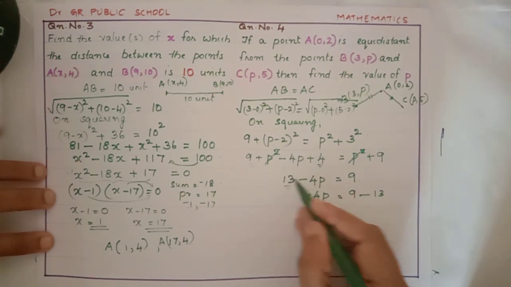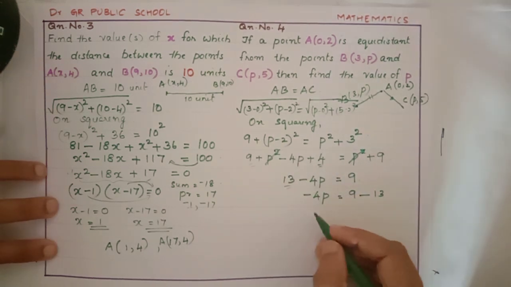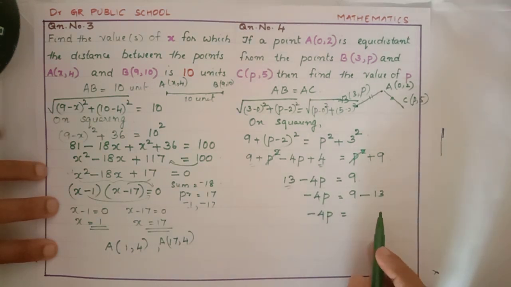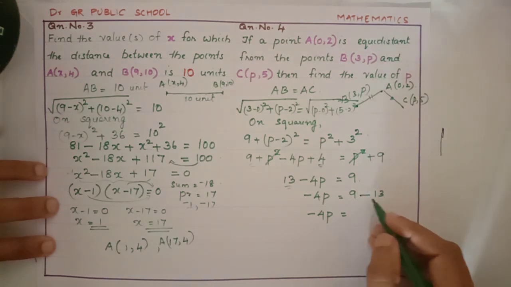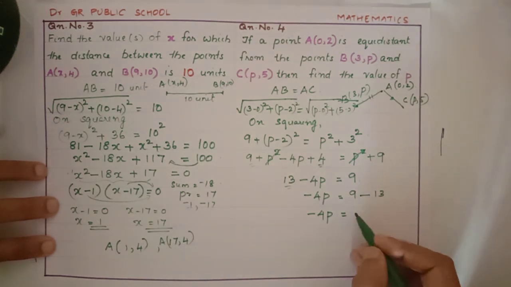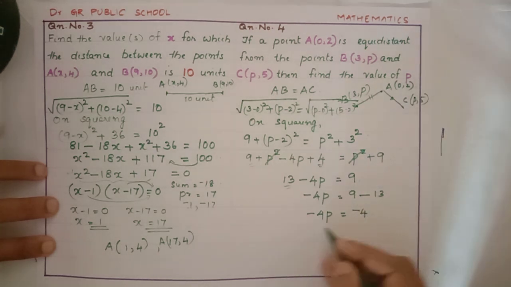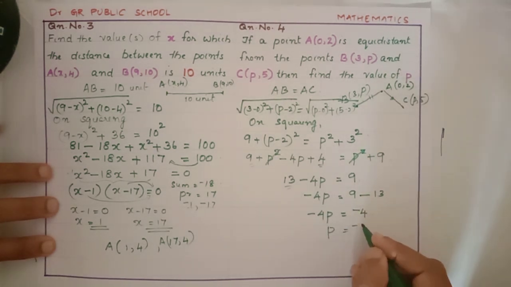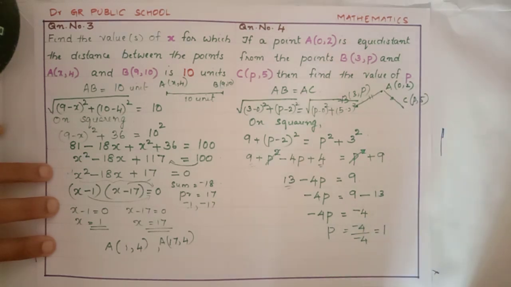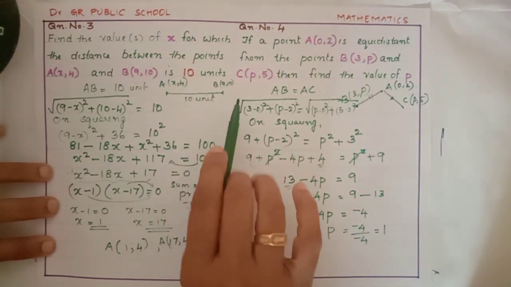This 13 will come to the other side as minus 13. So minus 4p equal to, what is 9 minus 13? Minus 4. Isn't it? Subtract and put the sign of the greater value. Minus 4. So p equal to minus 4 by minus 4. Answer is 1. Okay. So we got the value of p.